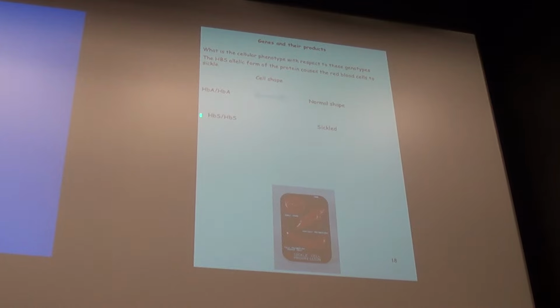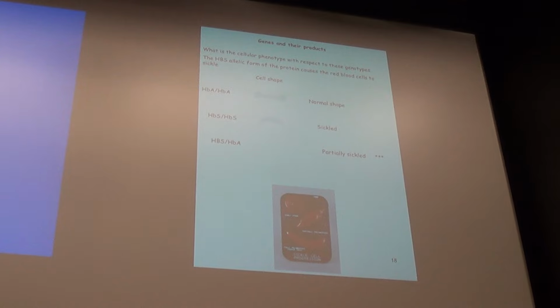If you're homozygous sickle cell, I keep saying recessive, it should be homozygous sickle cell, you're going to have a sickle cell shaped red blood cell that looks like this. And then when you're heterozygous, you're kind of partially sickle. You're kind of sickle, but you're not.